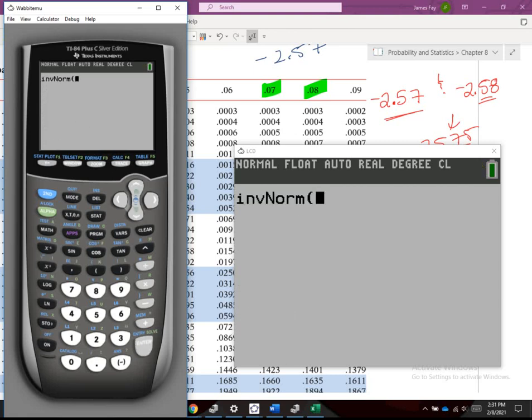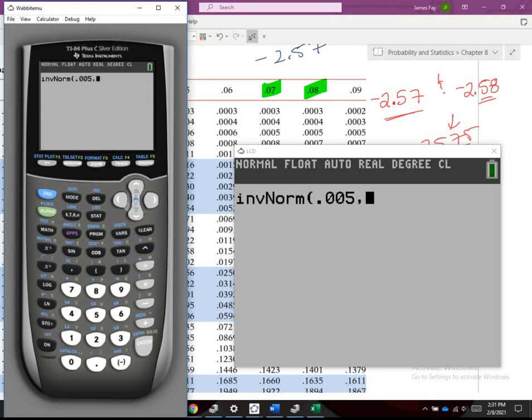Okay, if you forget where it's located, now you see the way I did that, it didn't take me to that page where it asked me for my area. If you have an older calculator, even if you go to second VARS and it takes you to distribution functions and you hit inverse norm, it might take you straight to this. So you type in 0.005, it's your cumulative area, and then you have to hit comma, which is right above the 7.